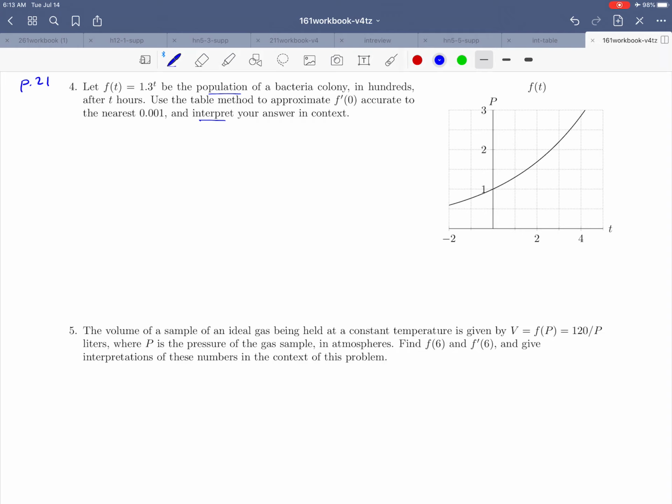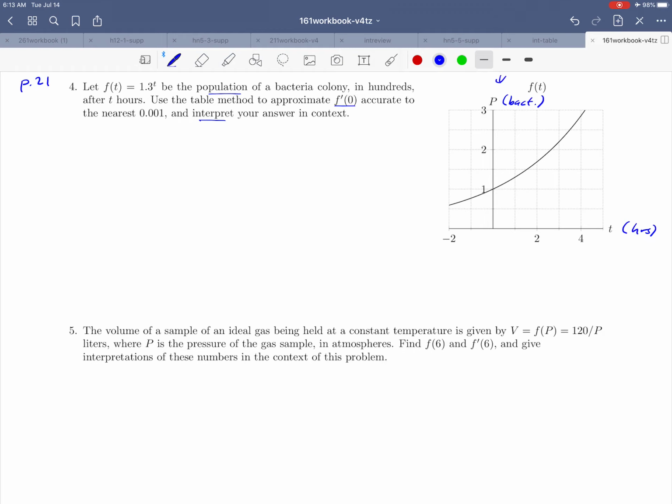Okay, well, let's first take a look at the graph that they're giving us over here to the right. So we're talking about population as a function of time. Notice that t is down here on the horizontal axis, and we're measuring that in hours, it looks like. And then p is representing population of bacteria. So bacteria would be our units there.